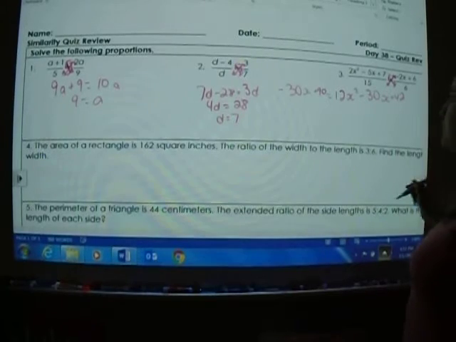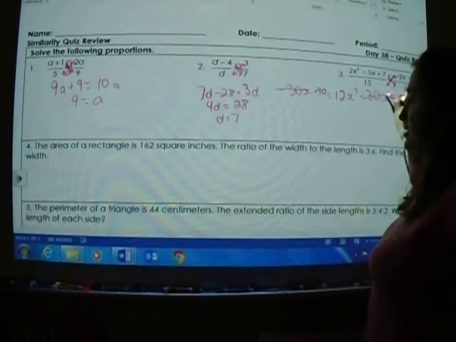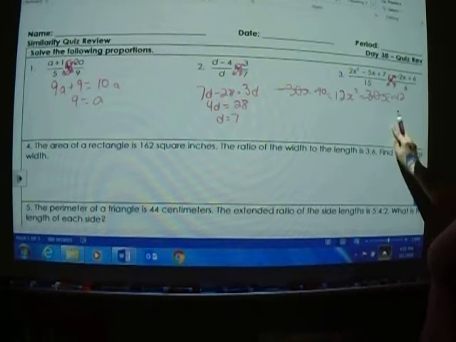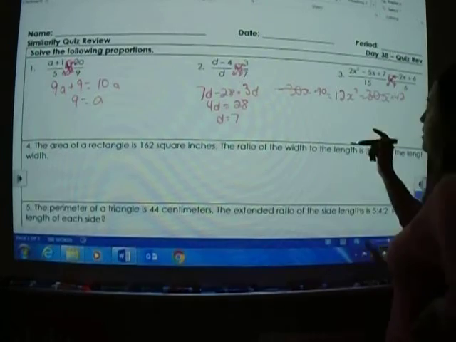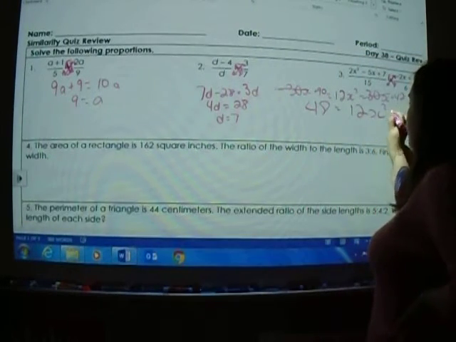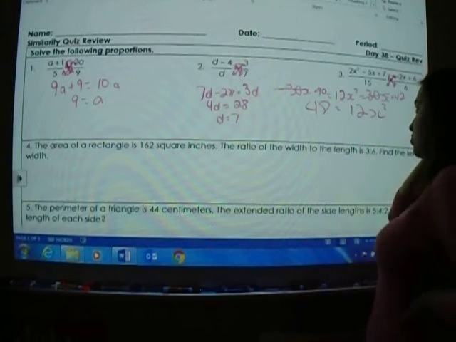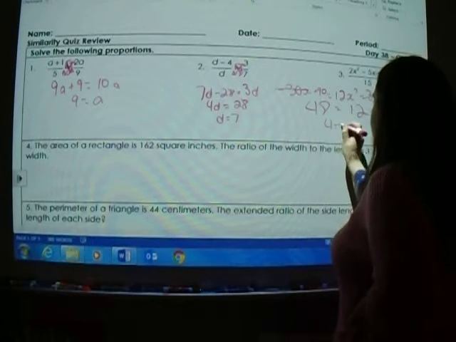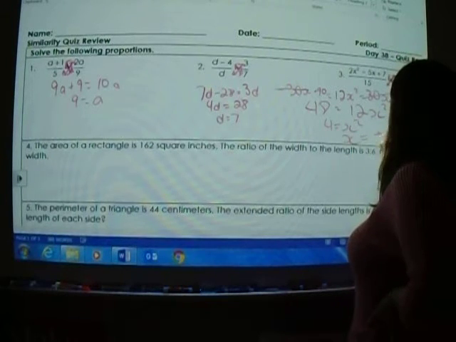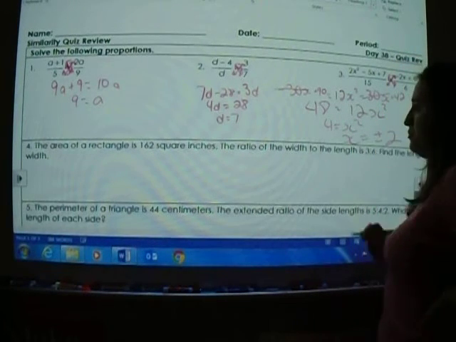And we are able to get rid of those 30x's from both sides, right? Which we did. And now we subtract 42 from 90, so we have 48 equals 12x squared. 48 divided by 12 is 4, so 4 equals x squared, which gives us that x equals plus or minus 2. Okay?